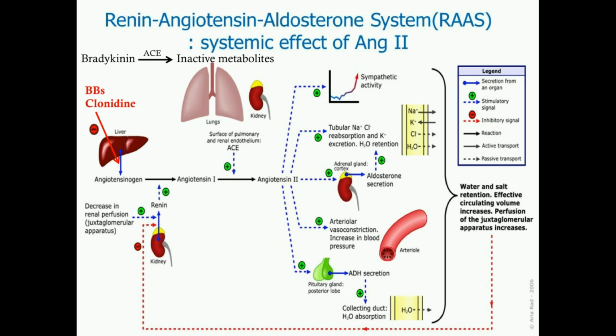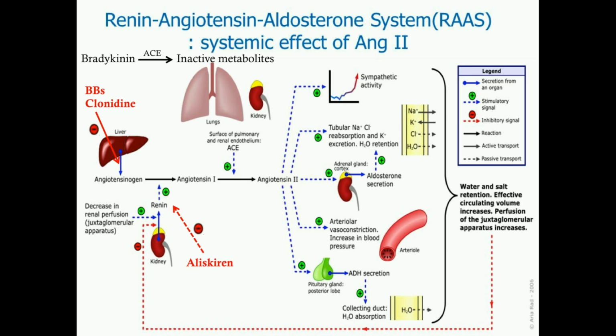But the fact that it does those things, even though it's not the primary mechanism of action of why we give these medications to reduce blood pressure, it does still nonetheless do this, and this is a minor role in its ability to lower blood pressure. So obviously if you have less angiotensinogen in your bloodstream, you're going to have ultimately less angiotensin 2 in the bloodstream. But this is just a piece of trivia, really, but it is something that the beta blockers and clonidine do. It reduces the amount of angiotensinogen in the blood.